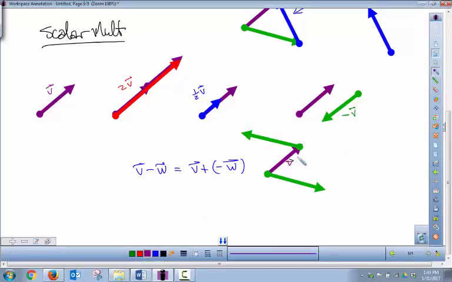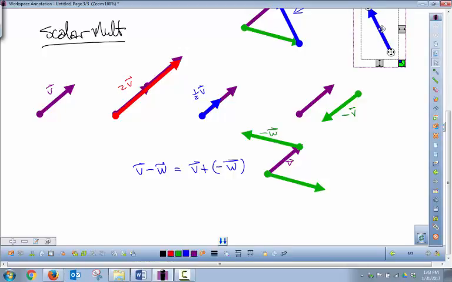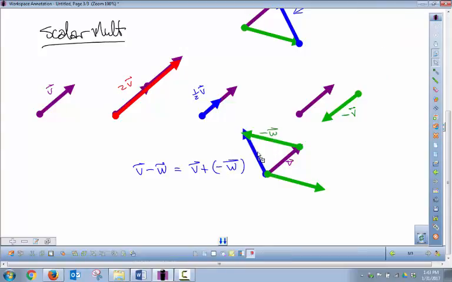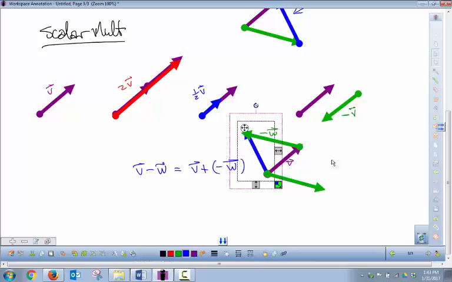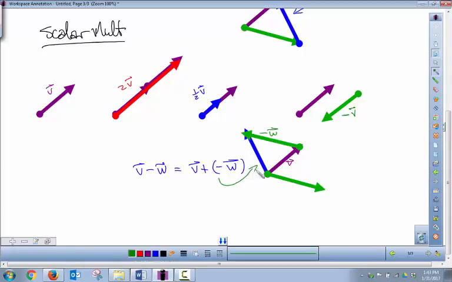So I have my v, and then this is now negative w. And then if I look at that, to see where it starts and ends, it didn't quite land perfectly, but you get the picture. It turns out that these two are the same vectors, except the other vector, we saw it over here, right? But as long as it has the same magnitude and same direction, then it's the same vector.